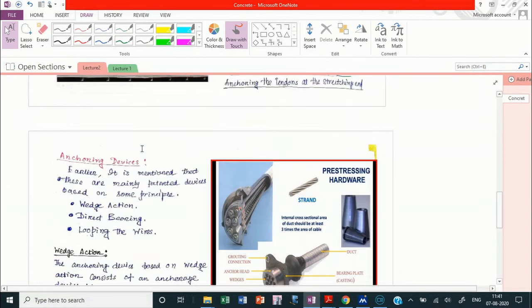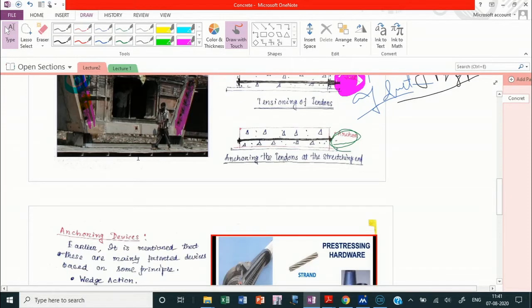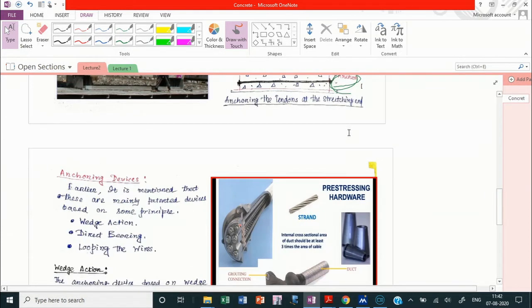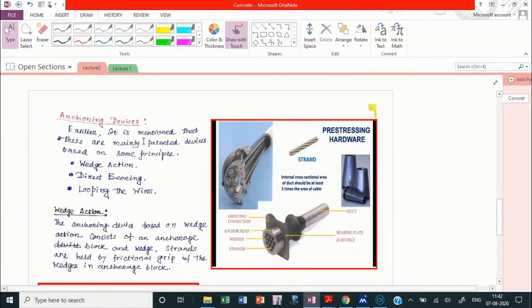To provide this kind of technique, you need to have the following things for the post-tensioning system.